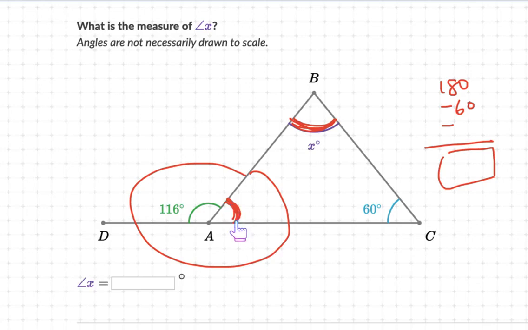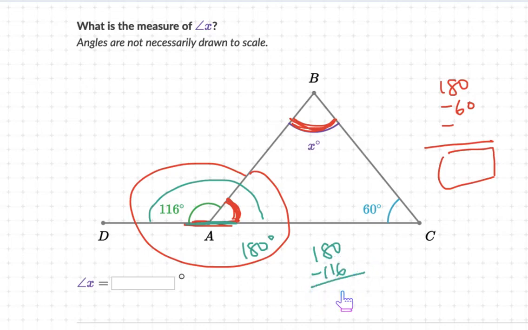This angle is unknown, but right next to it on the same line is 116 degrees. Notice they're both on a line. If they're both on a line, it means they add up to 180 degrees. So all I need to do is take 180 minus 116, and I should get that missing angle. 180 minus 116 is 64 degrees.